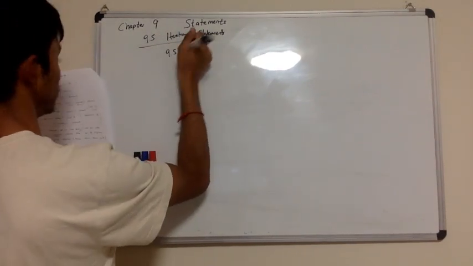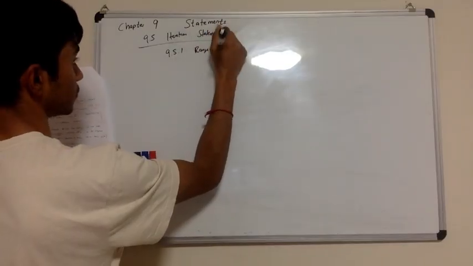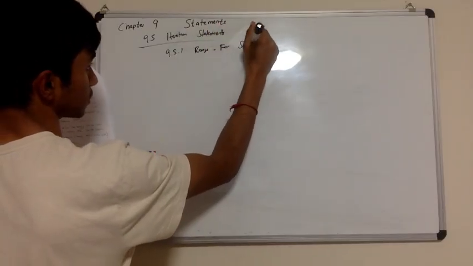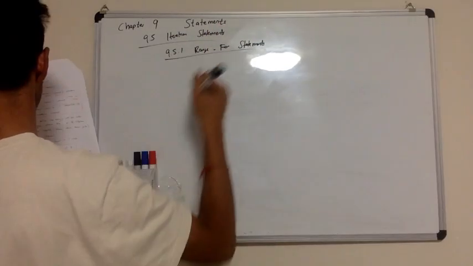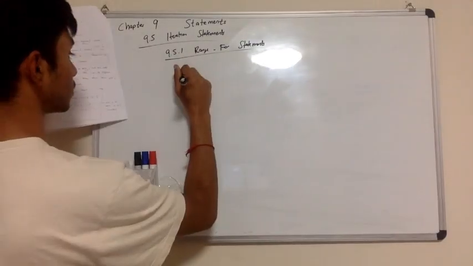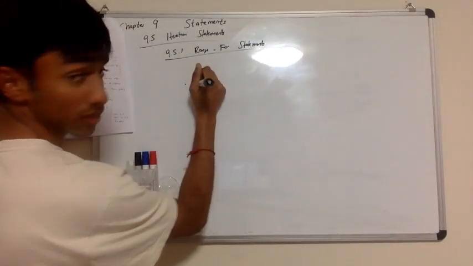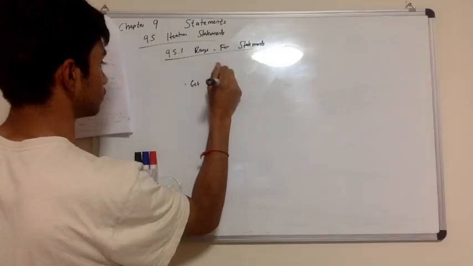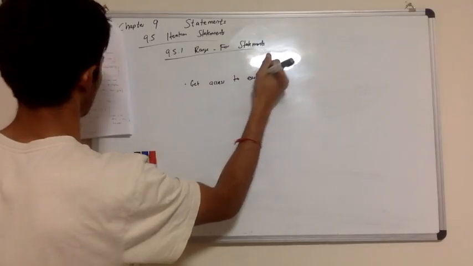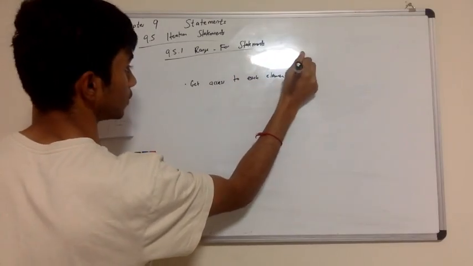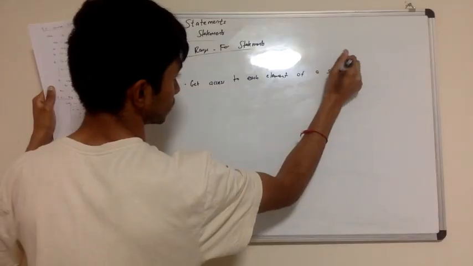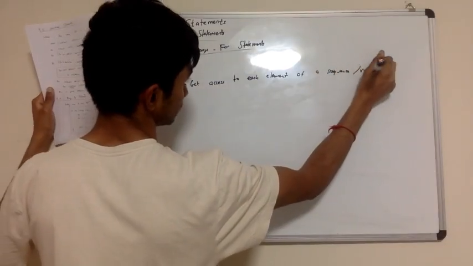9.5.1, range for statements. In essence, the goal is to get access to each element of a sequence or range.